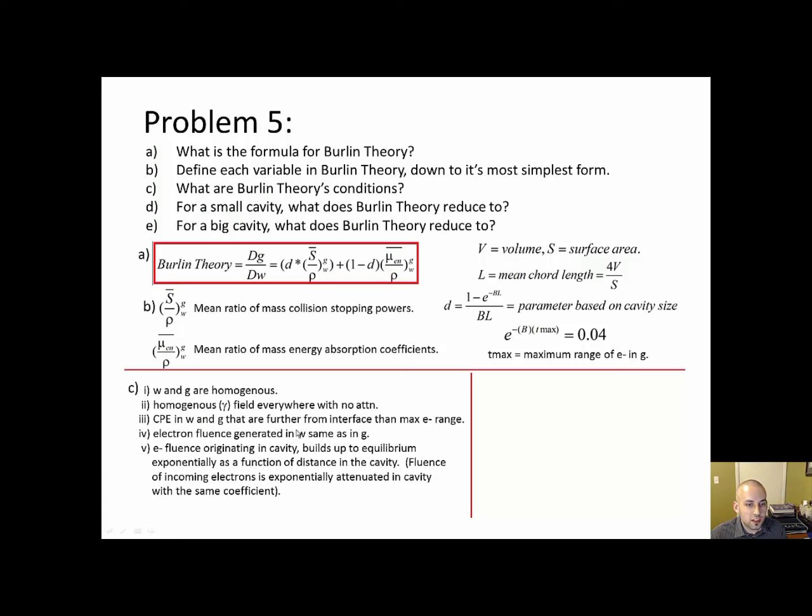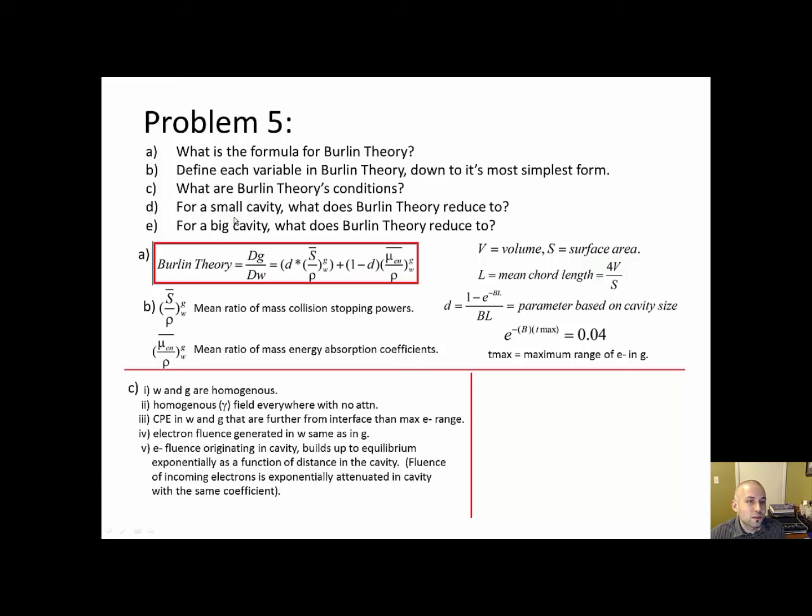And the electron fluence generated in W is the same as in G. Then the last condition, the electron fluence originating in the cavity builds up to equilibrium exponentially as a function of distance in the cavity. So the fluence of incoming electrons is exponentially attenuated in the cavity with the same coefficient. So that one sounds difficult.